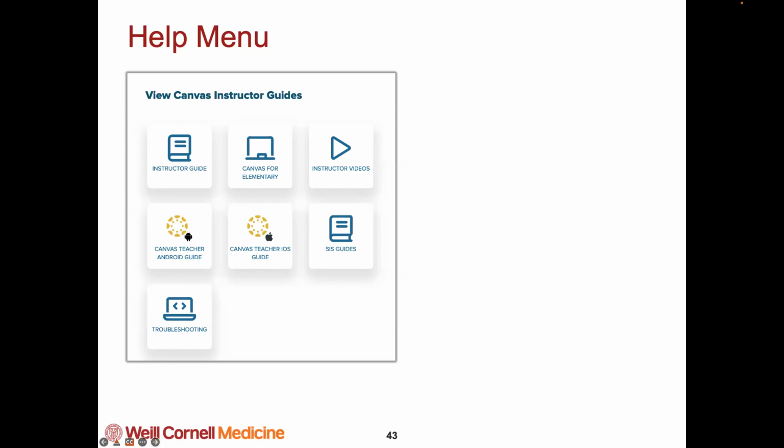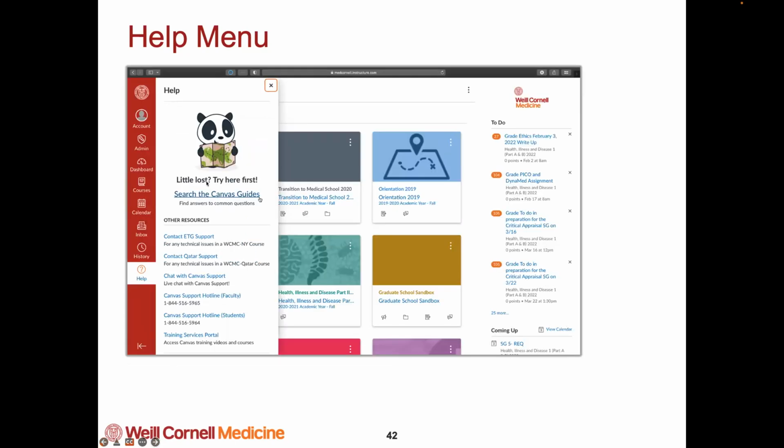If you're at Weill Cornell, you would see the top link. If you're at Cutter, the next link, and then down at the bottom, you can even call somebody at Instructure. We do have a full-time service from Instructure, and there's a training services portal at the bottom that has additional training options. So let's move on.